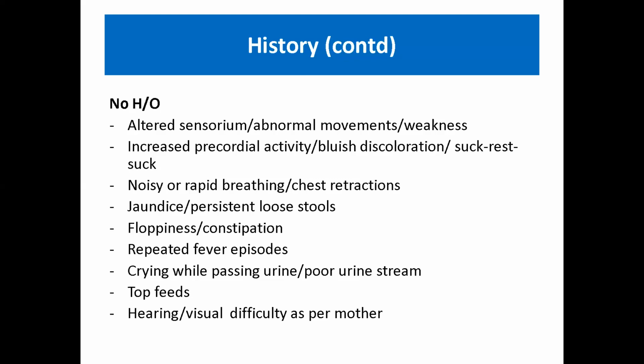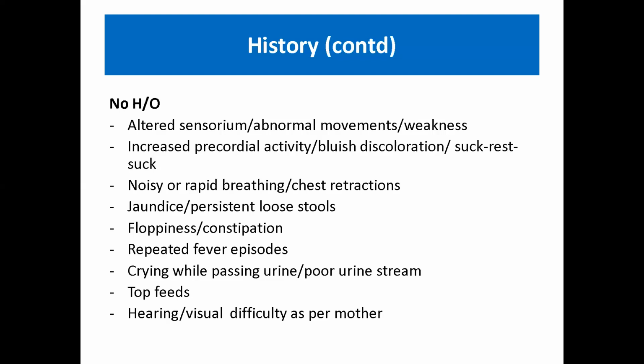They always remain thirsty. And there was no history of any crankiness or crying while passing urine, or poor urinary stream, which was checked to rule out recurrent UTIs or obstructive uropathy.